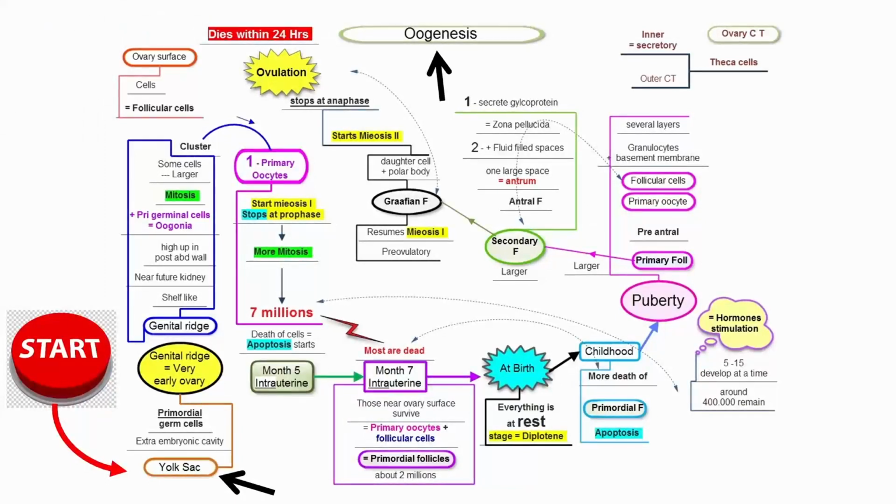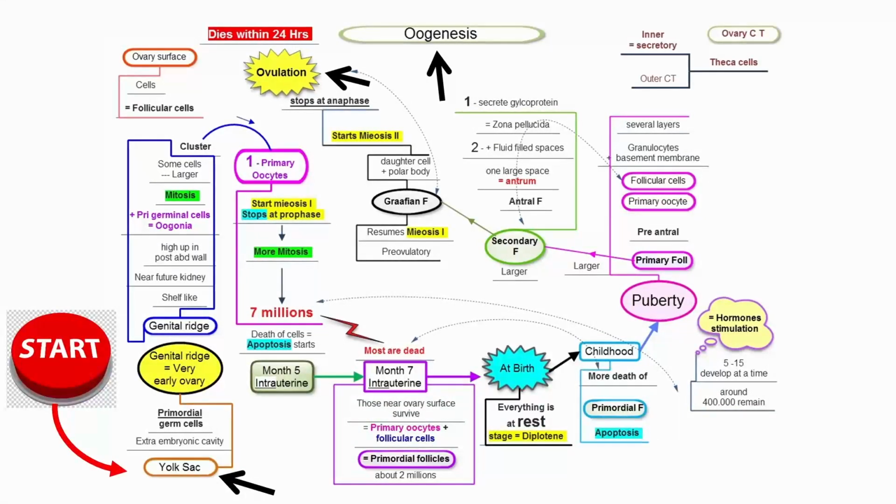And when meiosis 1 resumes and meiosis 2 starts, the division is going to result in one daughter cell and a polar body. What is a polar body? A polar body is half of the chromosomes with little cytoplasm thrown away.